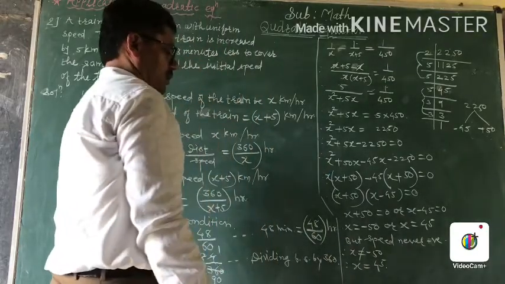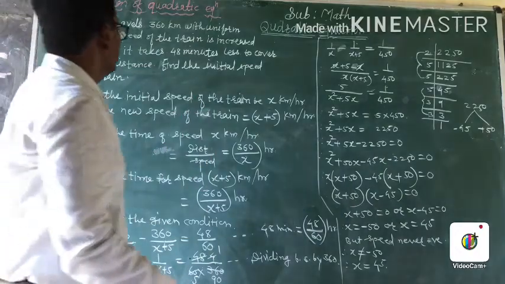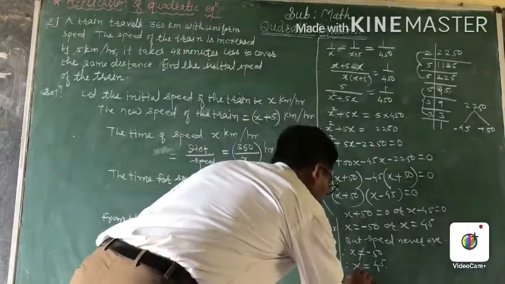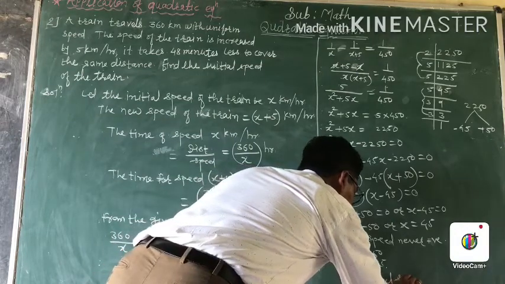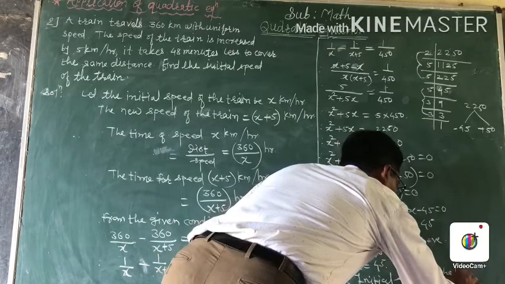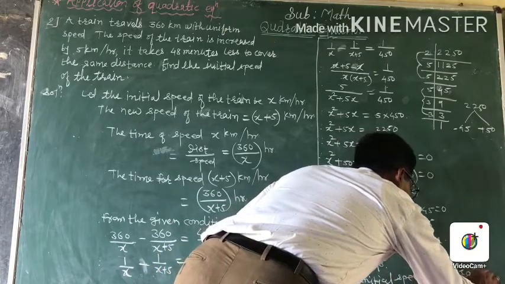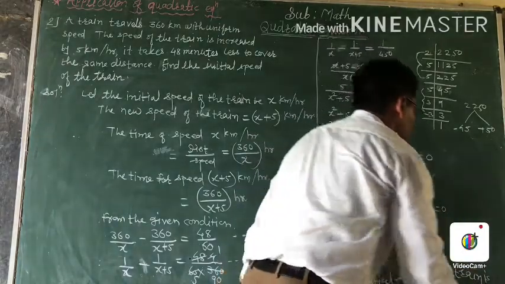And what is 45? The initial speed of the train. Therefore, the initial speed of the train is 45 kilometers per hour.